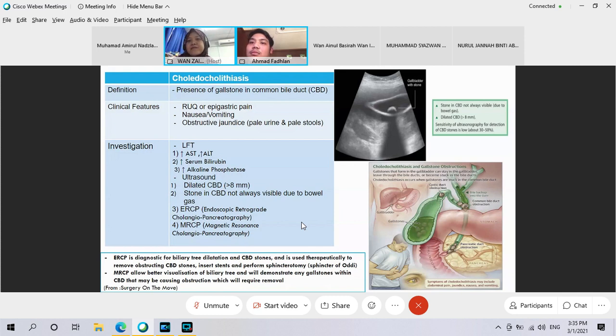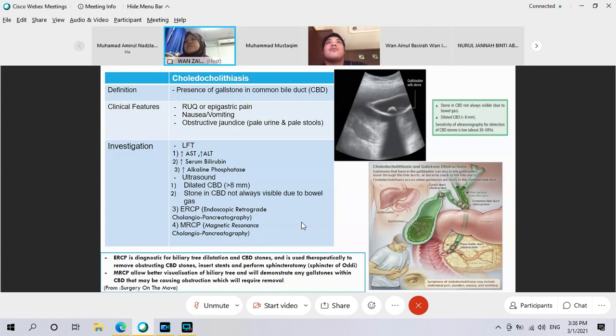Anybody can answer? Repeat the question. Sometimes AST and ALT normal, ALP yang high. Kenapa? Because AST and ALT is more specific to liver, but ALP is toward the biliary tract. Bolehlah jawab, tapi tak spesifik.